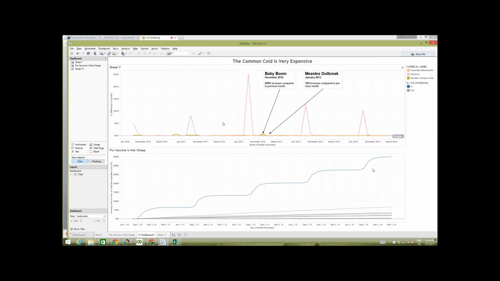What I found was in spots where we see a peak, like maybe here, the baby boom, lots of babies, therefore lots of babies have to get the T-dip or D-tip, whatever. It's the vaccine that you always get when you're a baby. So obviously you see a bump there, but when we had the measles outbreak, there's only maybe a 20% increase on the previous month. So when you think about it as a total, it does make a difference.